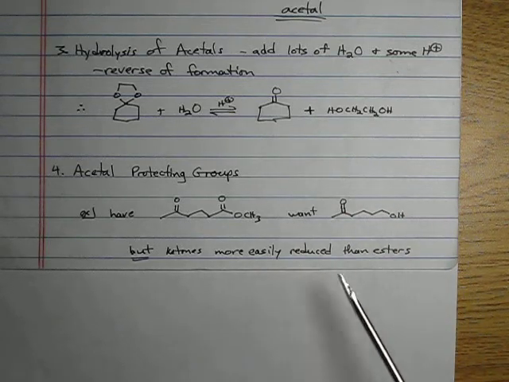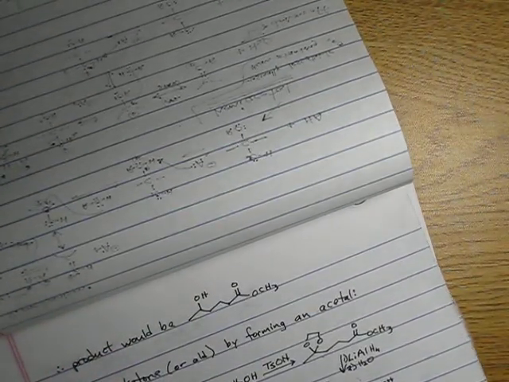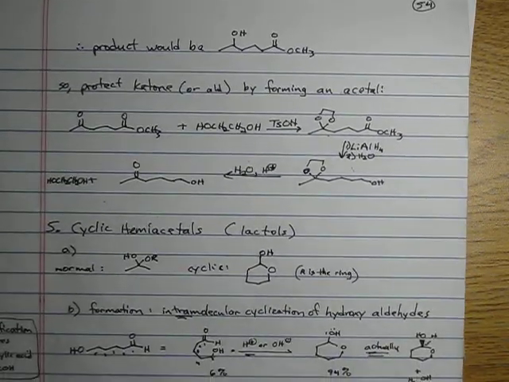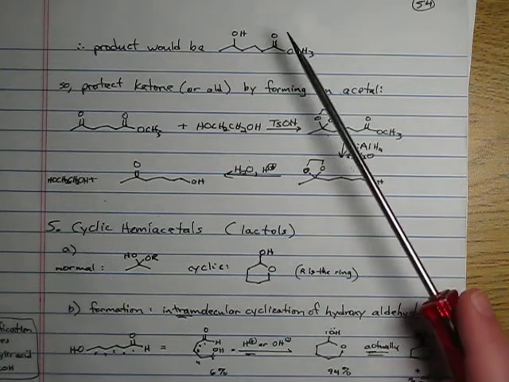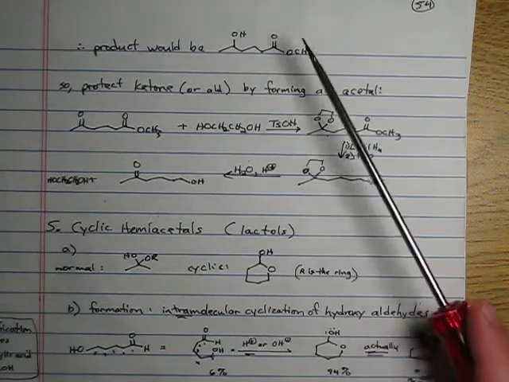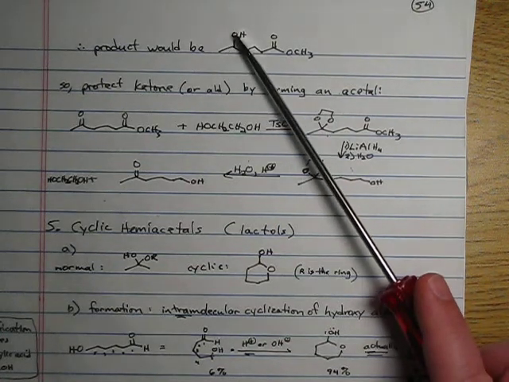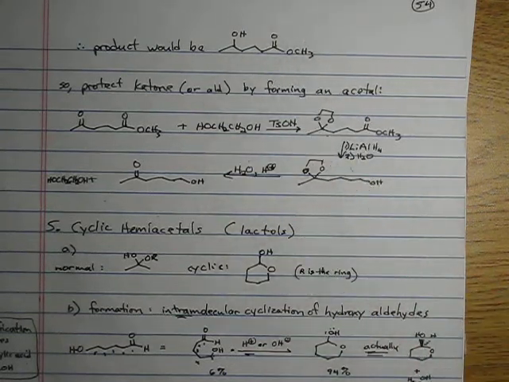However, ketones are more easily reduced than esters are, which means if you took our starting molecule and just put in lithium aluminum hydride, you would reduce the ketone to the secondary alcohol and leave the ester untouched.